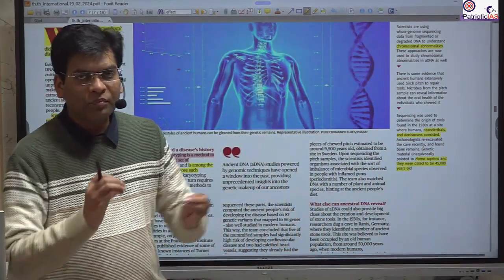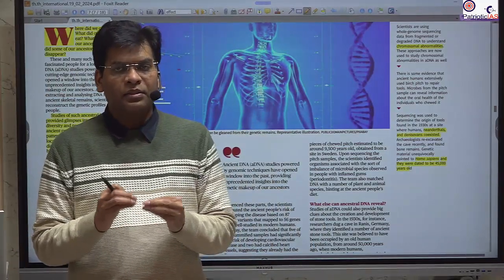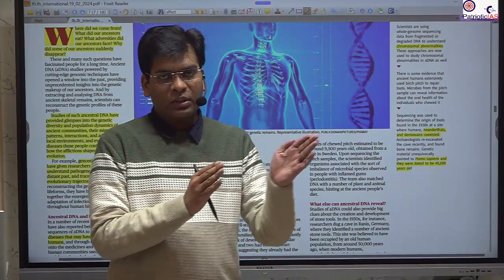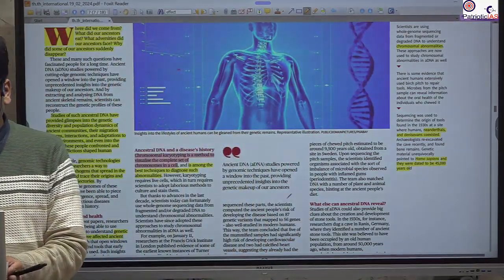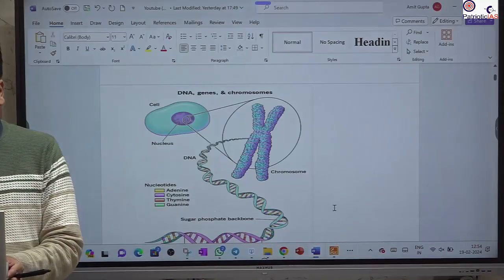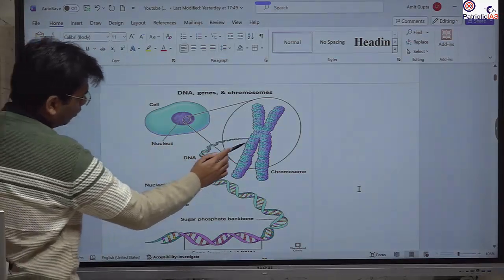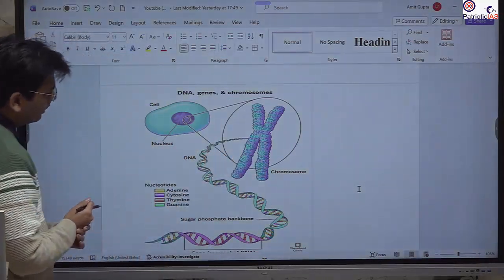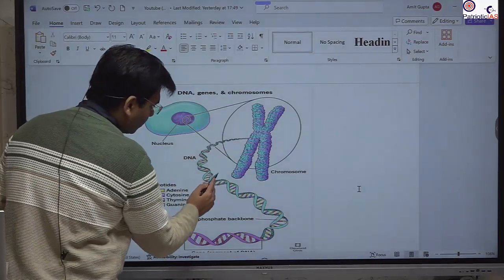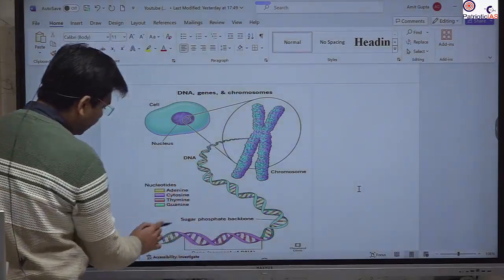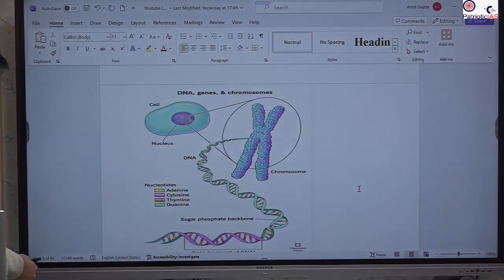Particularly, we study the DNA, and yes, you should know how all these basic blocks have been formed. So let me show you a map that will make it clear. So this is the cell. The cell is made up of chromosomes. Chromosomes are 46 in number, 23 in pairs, and these chromosomes are made up of DNA, and this DNA is made up of these chemicals known as nucleotides.